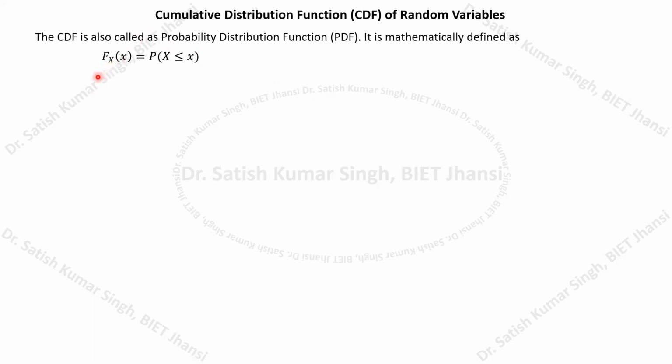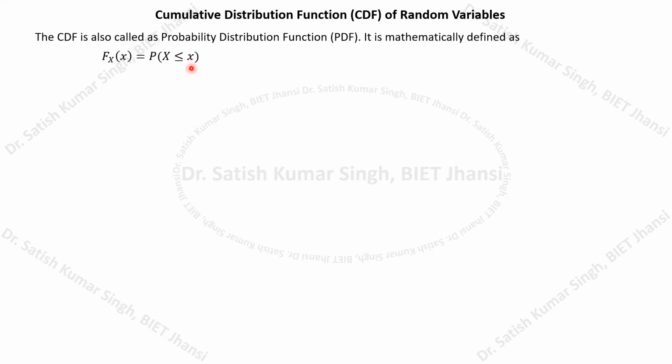Here F_X(x) denotes the probability that the random variable X will take a value less than or equal to x. Here I am defining the cumulative probability. You remember that it is a cumulative distribution function, and it denotes the cumulative probability up to a certain outcome x.